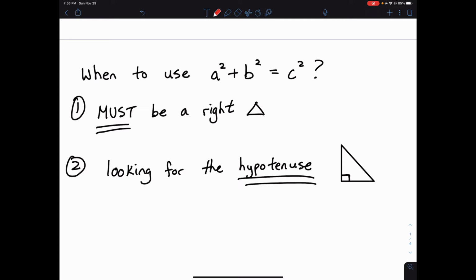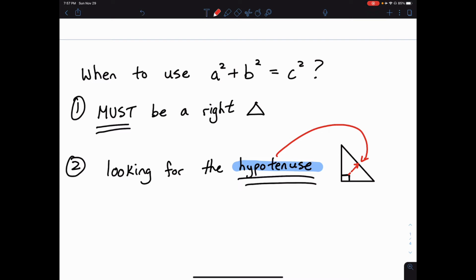Number two, you're using this equation to look for the hypotenuse. And again, the hypotenuse is the longest side. So for hypotenuse, we always locate it by going diagonally across from the box, like this. So here is where the hypotenuse would be, and how we locate it.